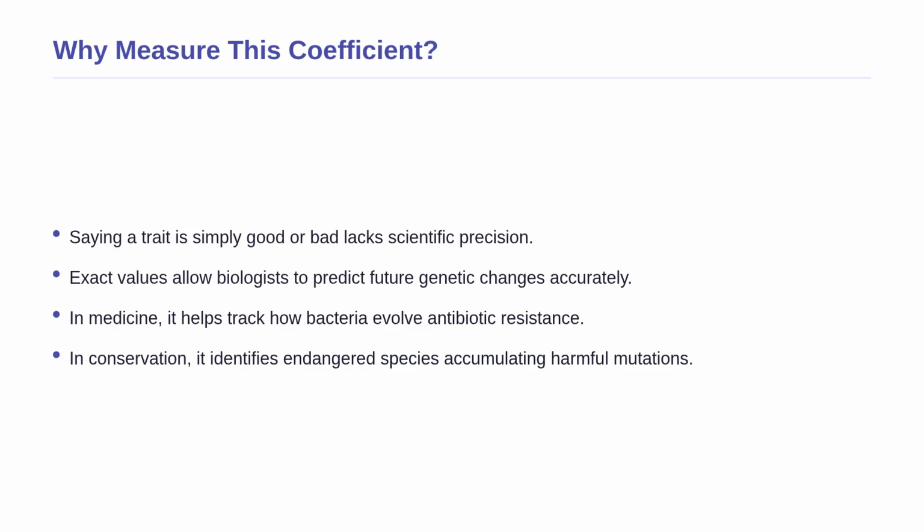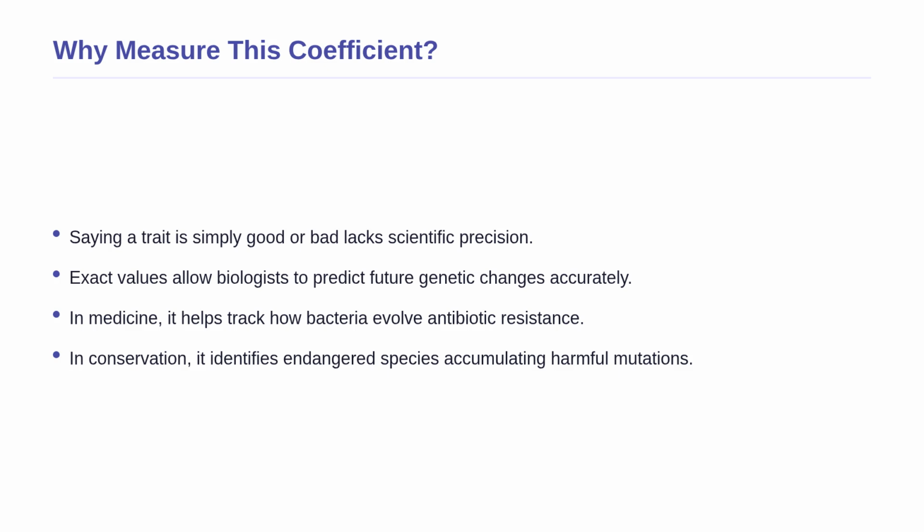This brings us to an important question. Why do we care so much about measuring this specific number? Without the selection coefficient, evolutionary biologists would only be able to say that a trait is generally bad or good. That is simply not precise enough to make scientific predictions.